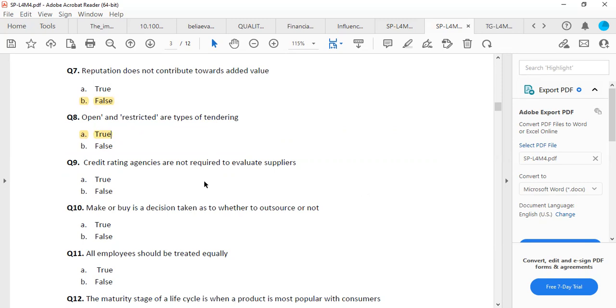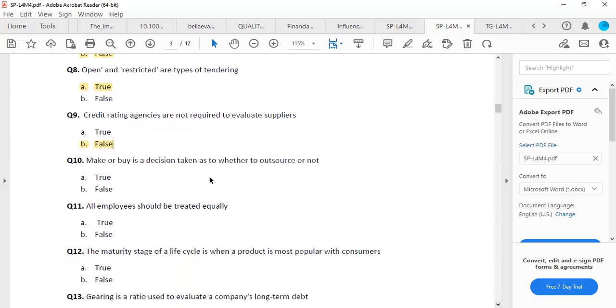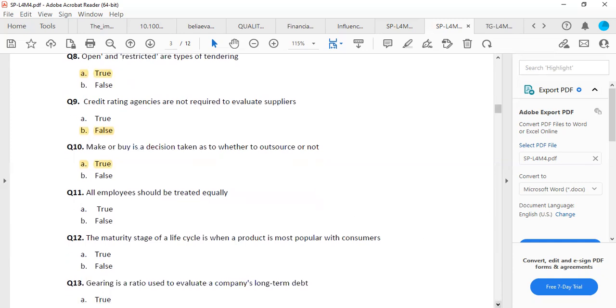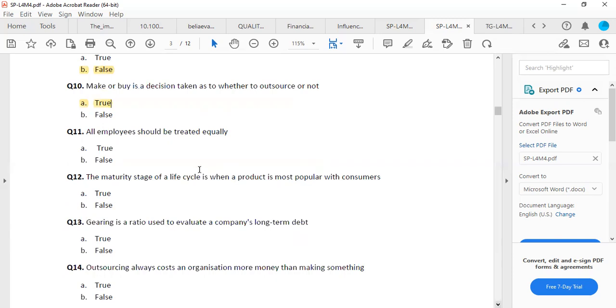True. Credit rating agencies are not required to evaluate suppliers. That's false, because we need them to check the financial capability of suppliers. Make or buy is a decision taken as to whether to outsource or not, true or false? True. Okay.